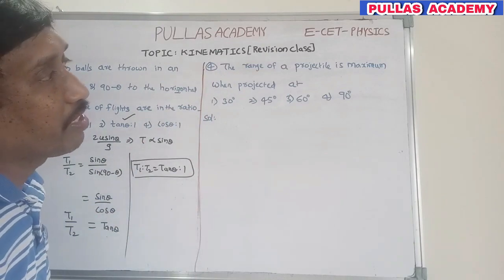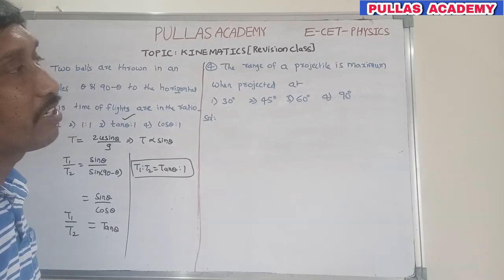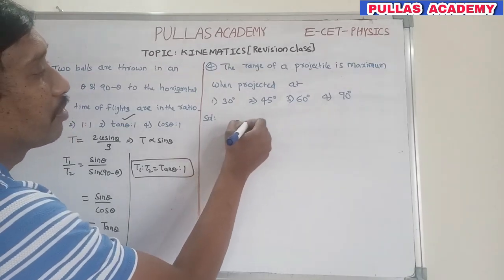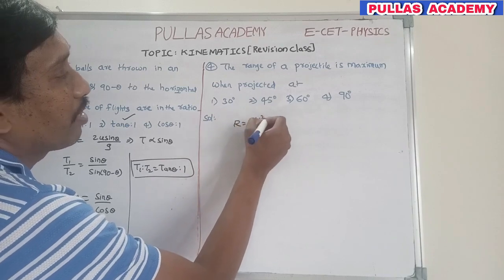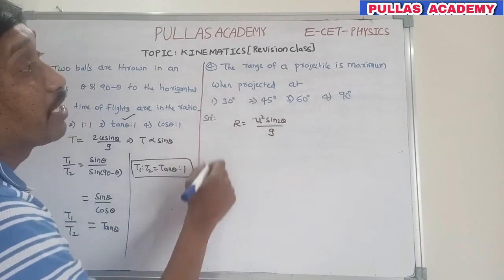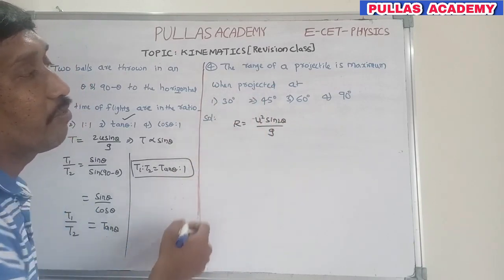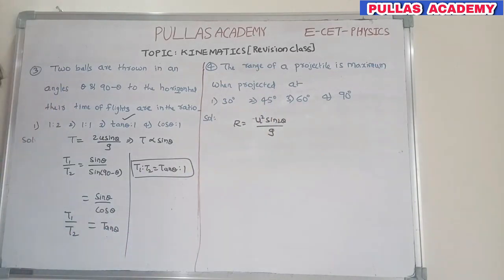The range of a projectile is maximum when projected at an angle. The range of a projectile, the actual range formula, is u square sin 2 theta by g. When it becomes maximum, theta is equal to 45 degrees. Already we know this. So what is the maximum range formula?